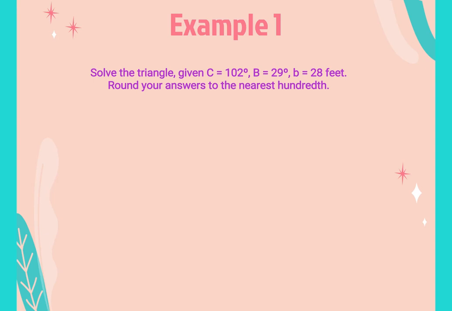All right, so example 1 says solve the triangle given C is 102 degrees, B is 29 degrees, and side B is 28 feet. Round your answers to the nearest hundredth. So first of all, the words solve the triangle mean find all the missing angles and all the missing sides.